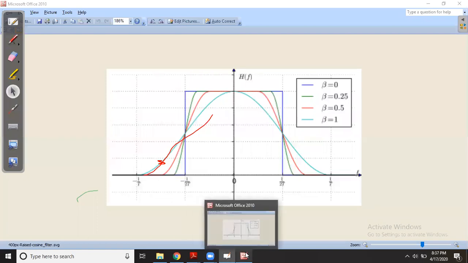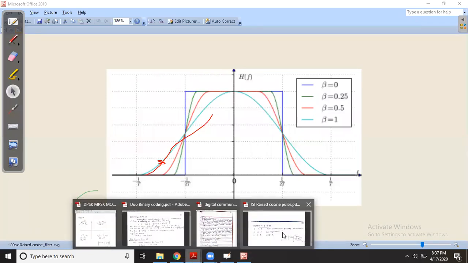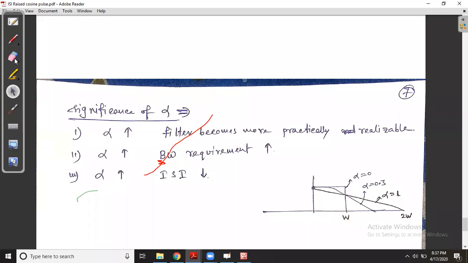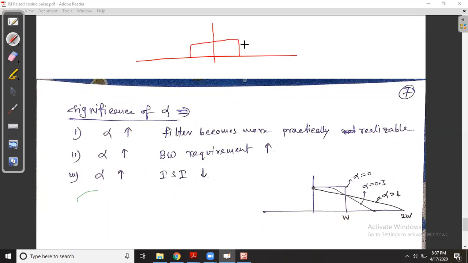Realize means possible to generate, that's all. What I mean to say is that a brick wall spectrum, where a sharp edge is there and there is no transition, is difficult to generate. To generate this kind of pulse, you must have a filter which must have sharp cutting nature.